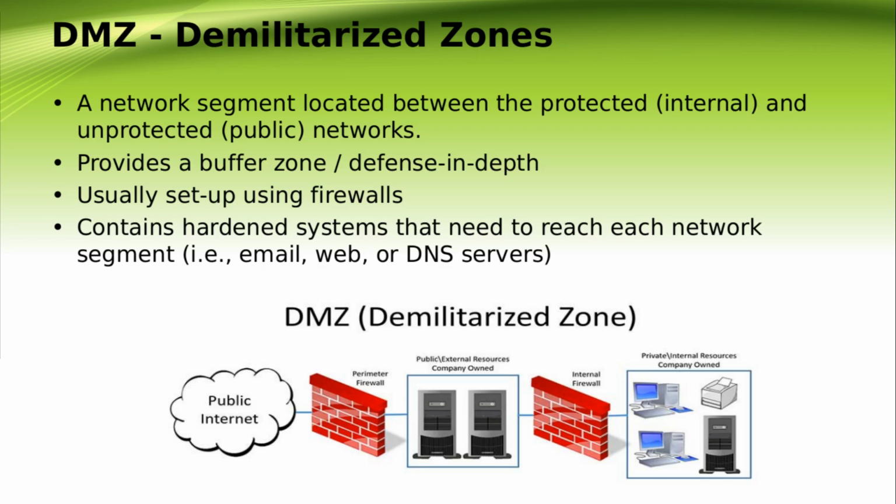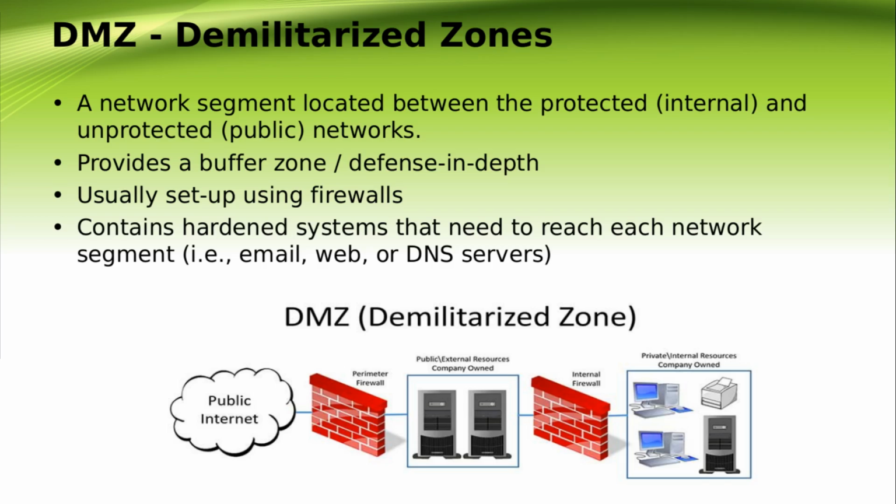DMZ. A DMZ is a demilitarized zone, a special purpose subnet. A network consists of networked computers and hosts. Often large networks are logically and physically subdivided into smaller interconnected networks. These smaller networks are known as subnets. Subnets are usually fairly generic, but some have special users or configurations.